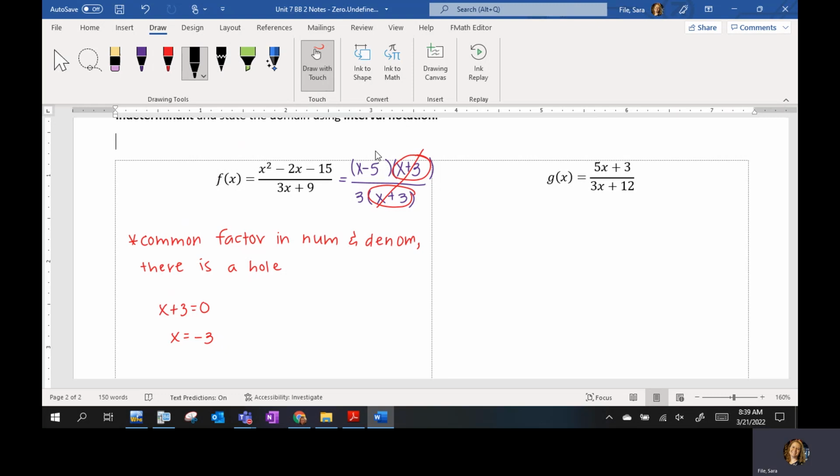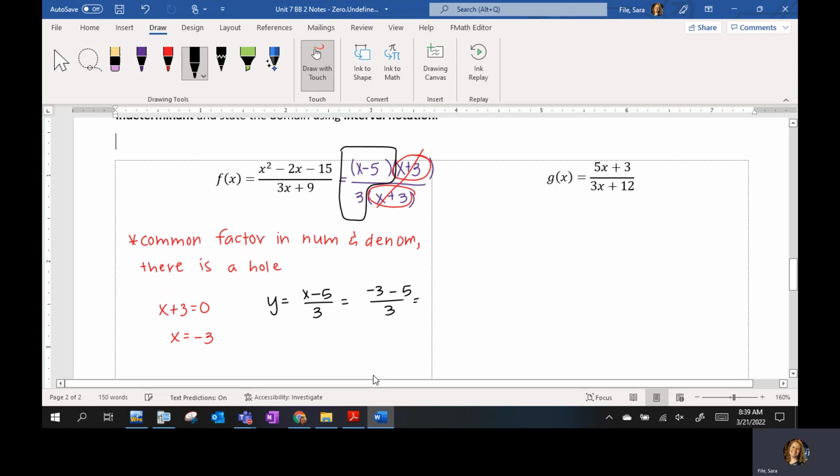Okay, so you look at what's left in your equation. This is the new equation after that reduces, right? If I take that x value and I plug it back into that x minus 5 over 3, I'm going to get the y value of the hole.